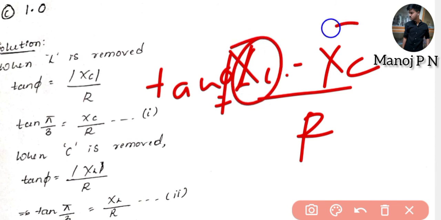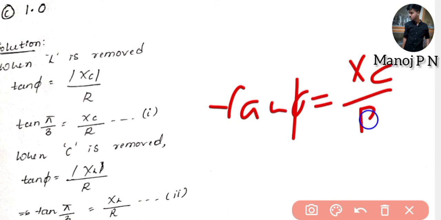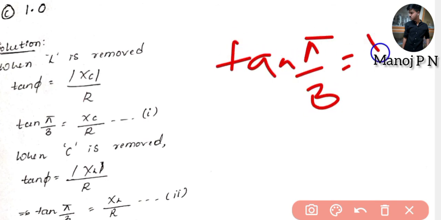Since XL is removed, XC is the remaining part. So tan phi is equal to XC divided by R. At this time the phase value is pi by 3, so tan pi by 3 is equal to XC divided by R. Take it as equation number 1.